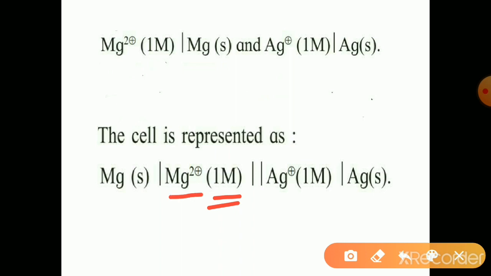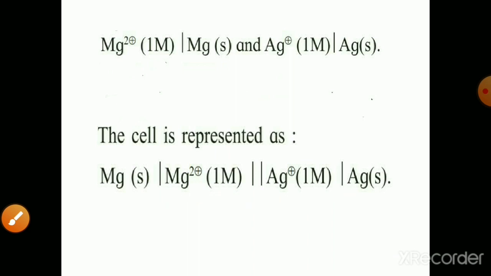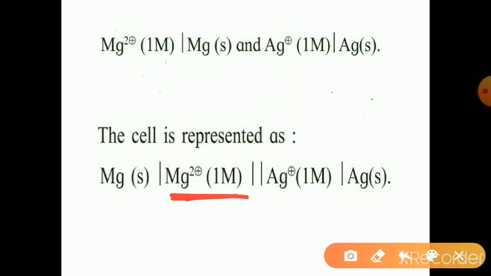Just to the right side of the ionic species, its concentration is indicated in the bracket.